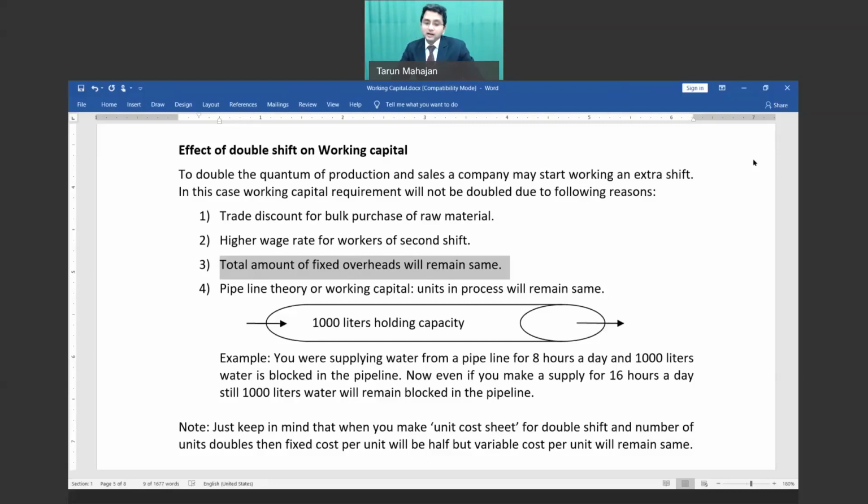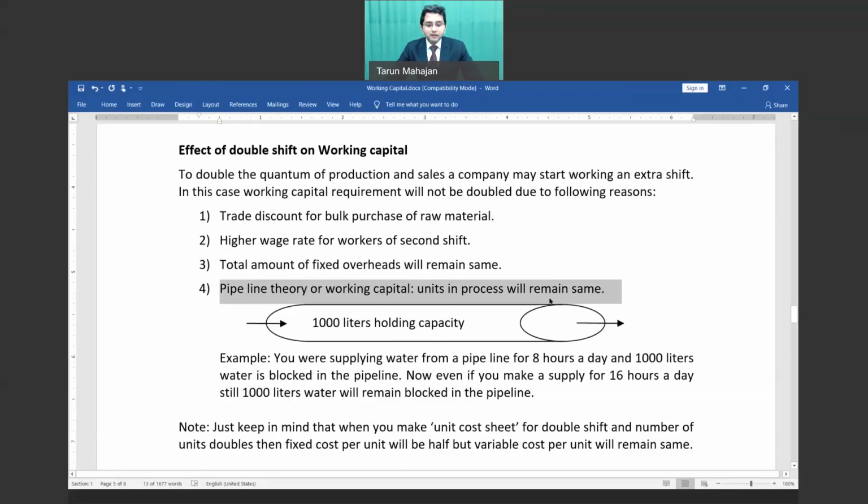doesn't become exactly double. And then there is the pipeline theory of working capital, which is used to calculate the number of units which are in WIP. See, this is a pipeline. This diagram is for a pipeline. Though I have tried to draw it, I don't know whether it looks like a pipeline or not.